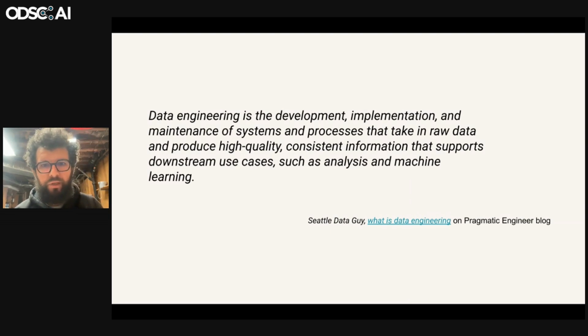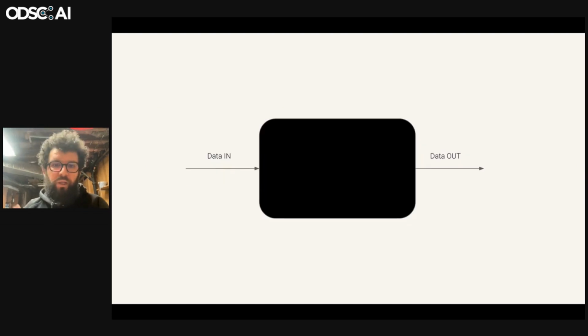Data engineering is the development, the implementation, and the maintenance of systems and processes that take in raw data and produce high quality, consistent information that supports downstream use cases, such as analysis, machine learning, or automating human stuff, this kind of stuff. We can summarize data engineering like this.